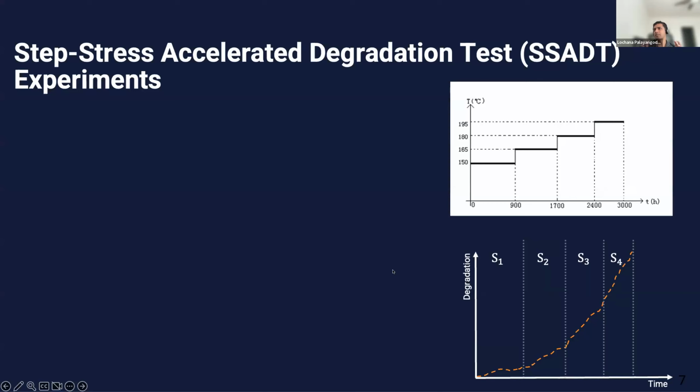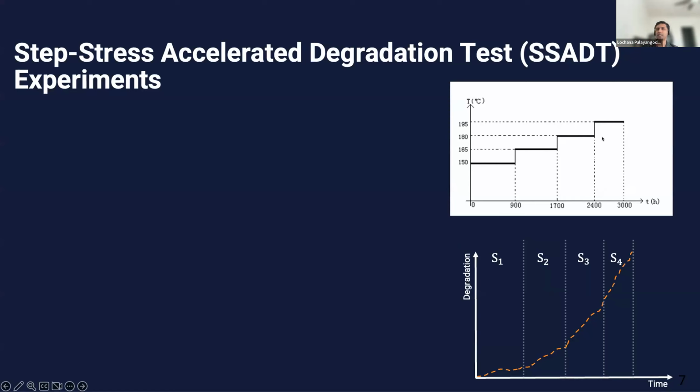There's a specific experimental setup that has been developed recently, called the step stress degradation test. What it really does is apply stresses, such as temperature increases or pressure increases, to the product systematically throughout the experiment time. For example, here we increase the temperature from 150 for some time, then increase it to 165 and 180, likewise.